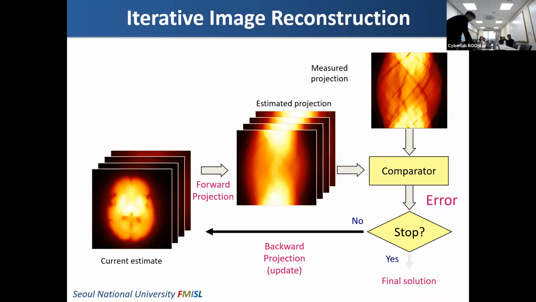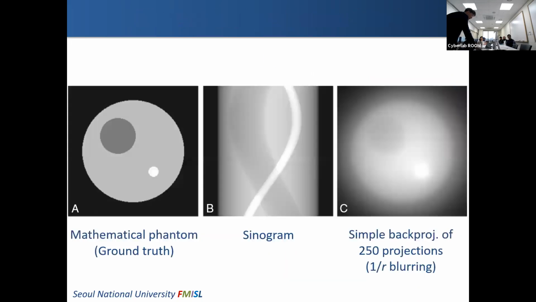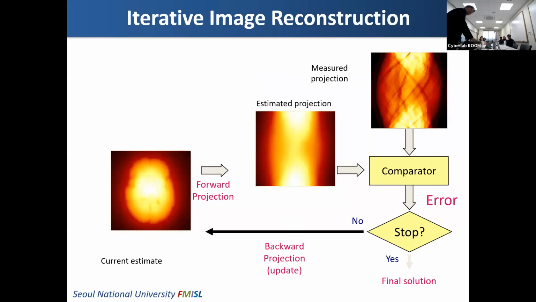In the previous slide, with back projection, we started from the projection space to make the image. But in iterative reconstruction, we start from an initial guess of the reconstructed image.